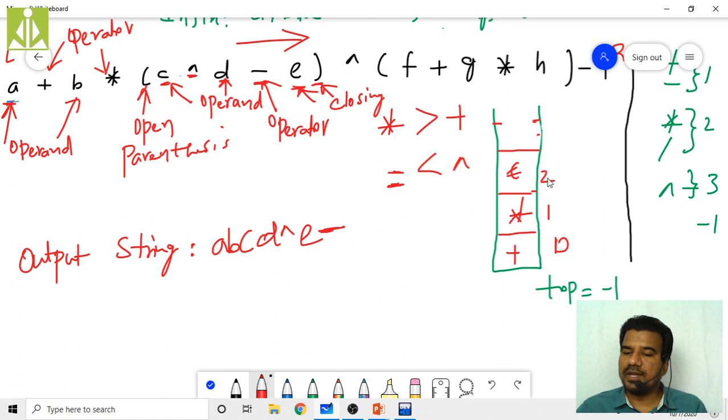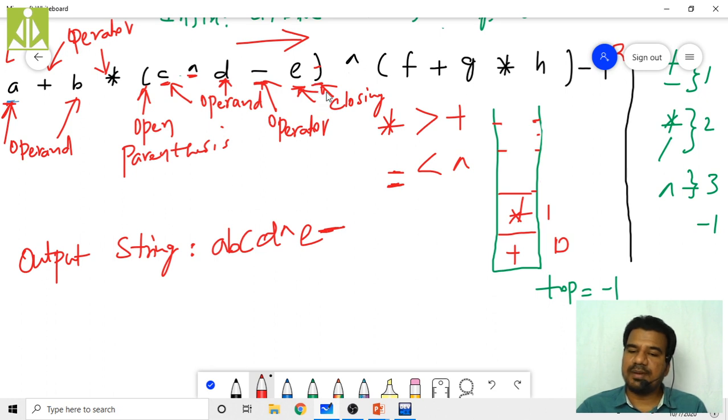If you discard them, your top value will become 1. Clear? So now my stack will be something like this and my output string will be something like this, and I scanned till this closing bracket.